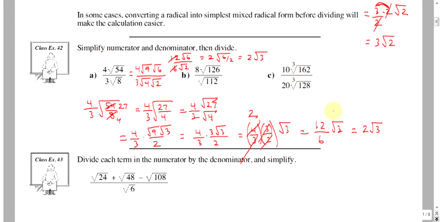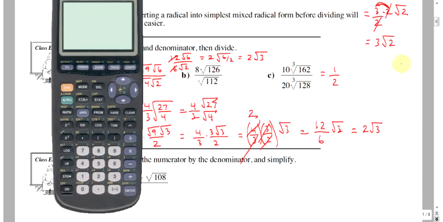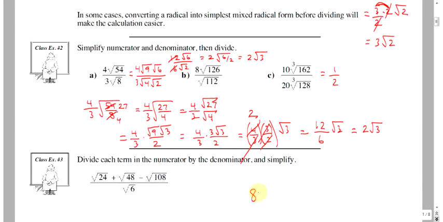Let's look at this nice one. 10/20 reduced is what? 1/2. Let's start there. What's a perfect cube in 162? Well, and then think to yourself, some of you guys are doing this. Some of you guys had this at your quiz yesterday. A little piece of paper with perfect cubes. Some of you made it right on your quiz. 2 times 2 times 2 is 8. 3 times 3 times 3 is 27. 4 times 4 times 4 is 64.